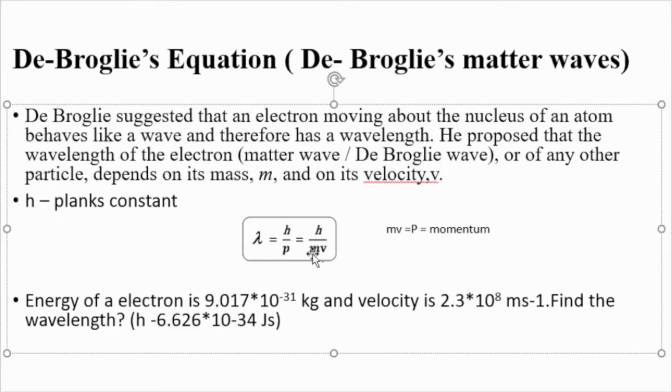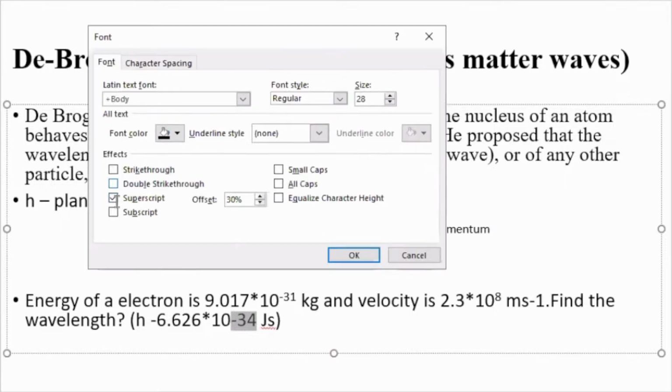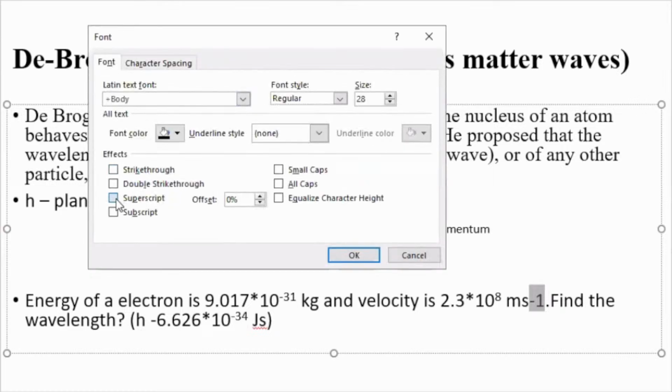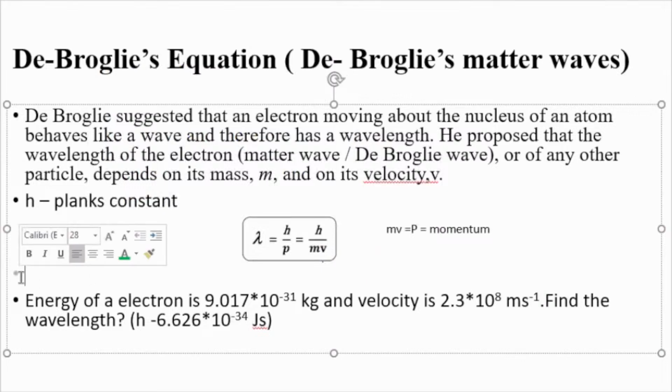Mass and velocity are given, and h is also a constant. Find this.